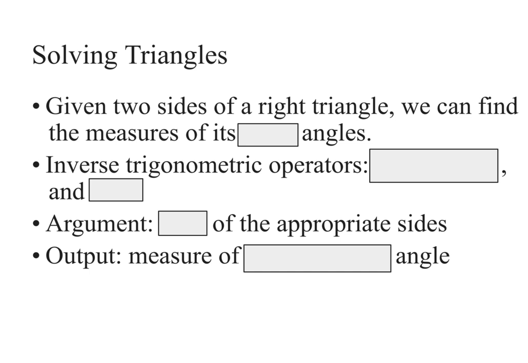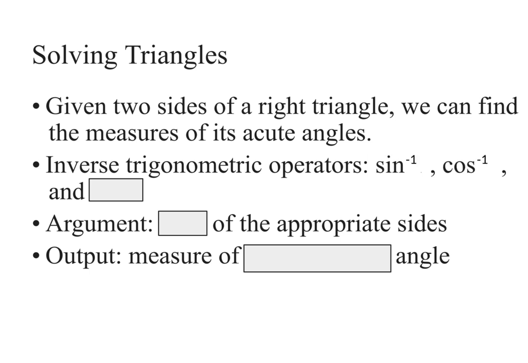So when we solve triangles, given two sides of a right triangle, we can find the measure of its acute angles. Inverse trig operators then. Again, you have your sine, cosine, and tangent. That's when you have the angle and you are solving for that ratio. When you're using inverse trig operators, you have the ratio and you are solving back to see what the angle is.